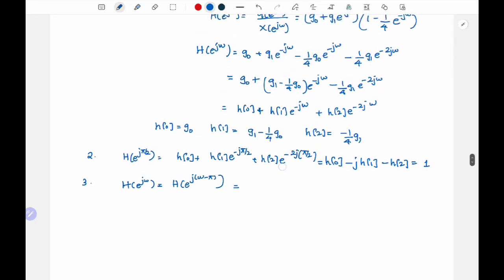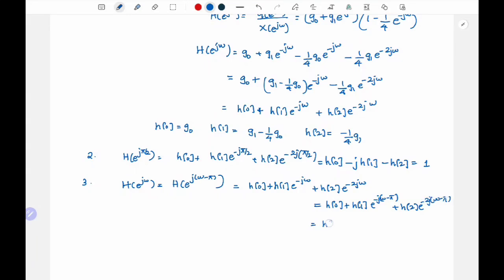So if I try to substitute that in this form, I'll have h of 0 plus h of 1 e^{-j omega} plus h of 2 e^{-2j omega} is equal to h of 0 plus h of 1 e^{-j(omega minus pi)} plus h of 2 e^{-2j(omega minus pi)}.